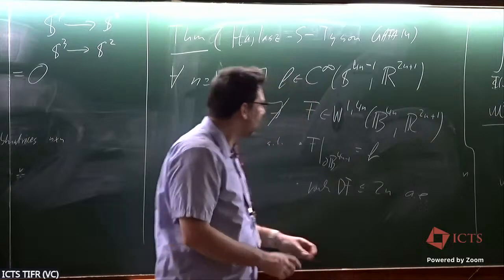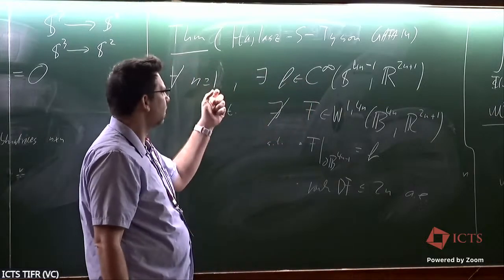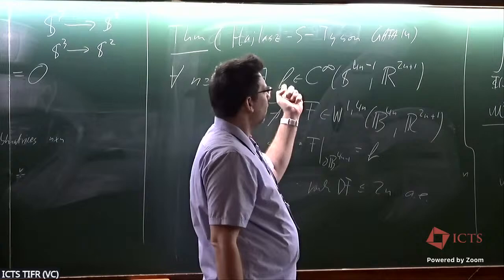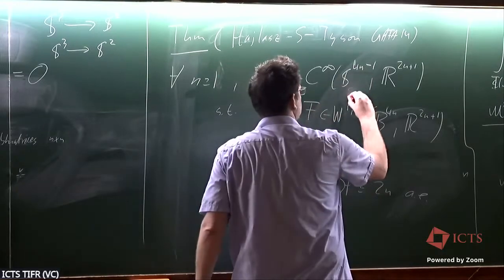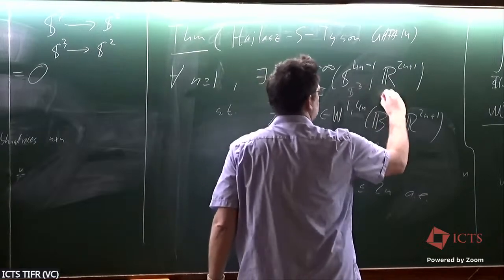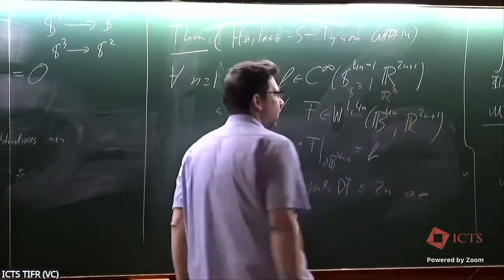So if we look at n equal to 1 or larger or equal to 1, there exists a map from n equals 1, this is S3, into, okay, R3, fine.